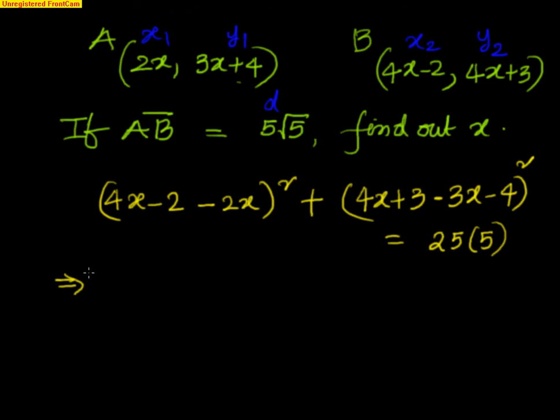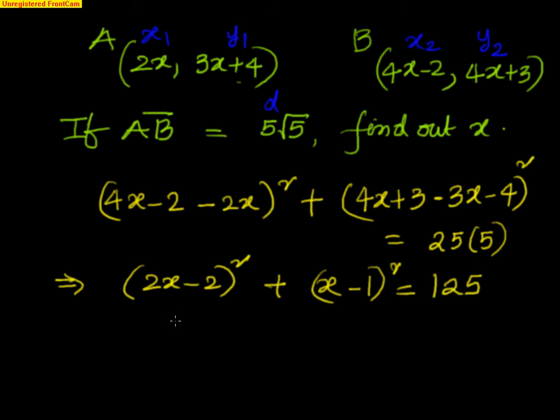If I simplify this, 4x minus 2x is 2x. So 2x minus 2 whole square plus 4x minus 3x is x. 3 minus 4 is 1. So this becomes x minus 1 whole square equal to 125.